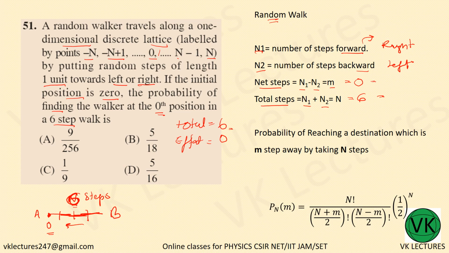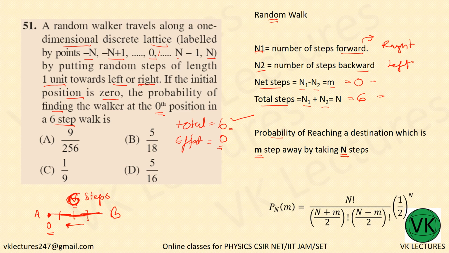Now the probability of reaching a destination which is m steps away by taking N steps. The total number of steps he has taken is 6, the effective step is 0, so he is m steps away, where m equals 0.